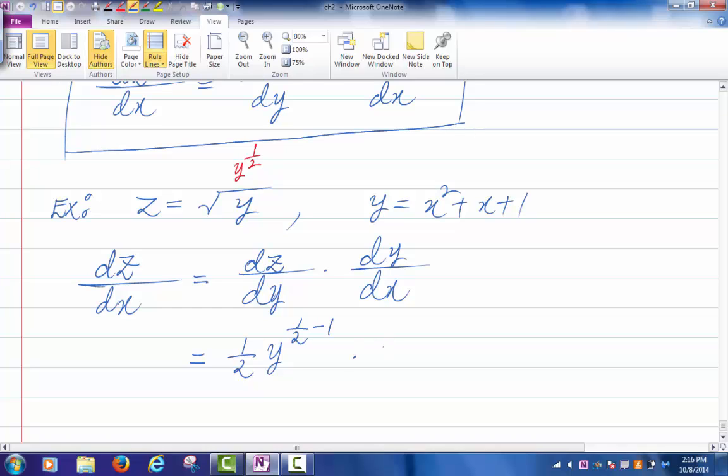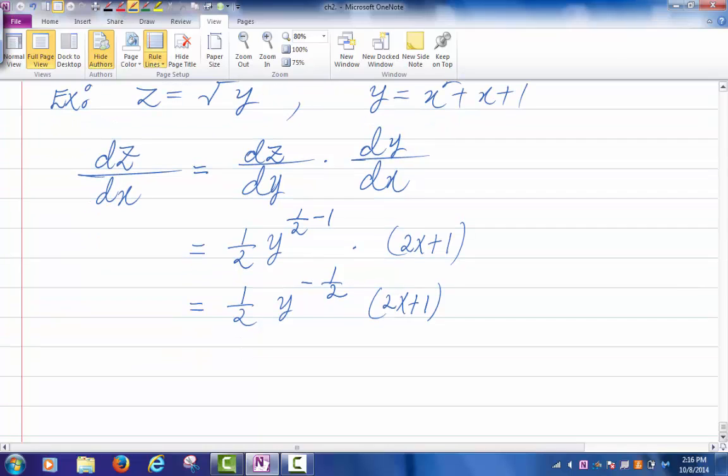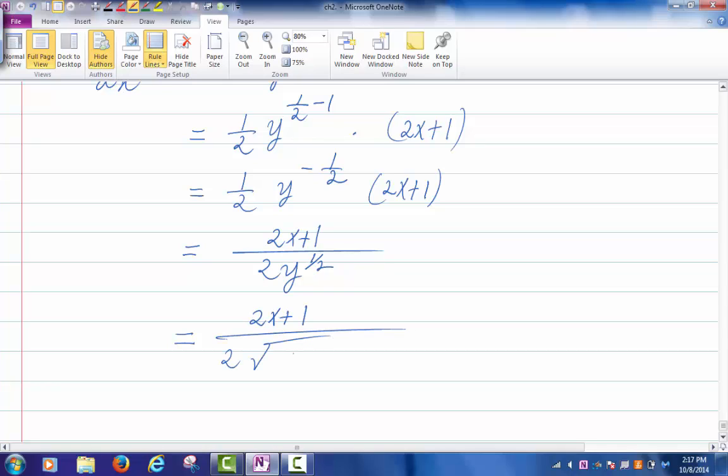And then what is dy/dx? dy/dx is 2x plus 1, right? So this is half y to the negative half times 2x plus 1. And I could write this as (2x plus 1) over 2y to the half, which is (2x plus 1) over 2 times root of y.